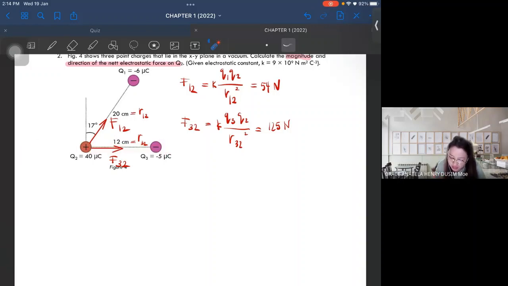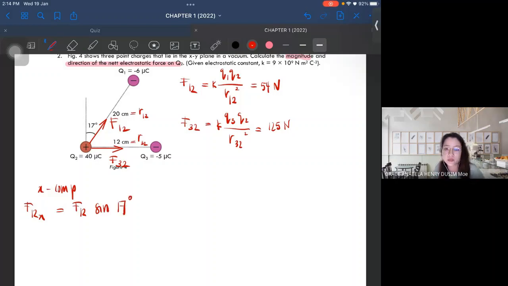So it is not directly on the x-axis. It has the x and y axis. Okay, that's why you have to resolve them. So let's do for the x component. So F12x component is equal to F12 sine 17 degree. Okay? Why is it sine?